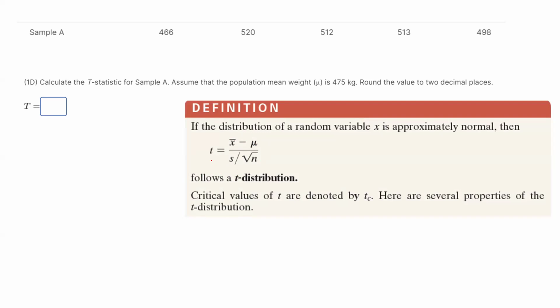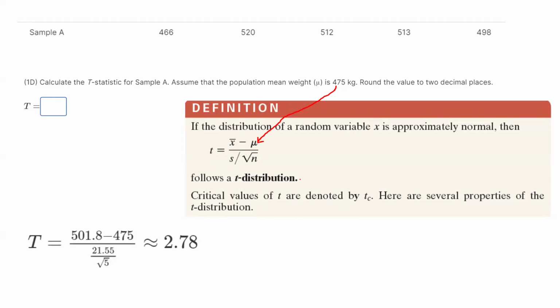Variable t-statistic is x bar minus the mean divided by s over square root of n. X bar is the mean of the sample, mu is the mean of the population. S is what you calculated in previous slide, divided by square root of n, and n is 5.